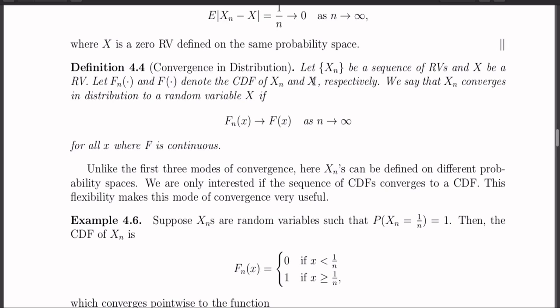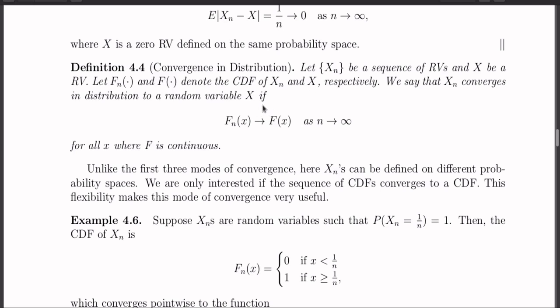It does not matter, because I am talking about the convergence of the cumulative distribution function. That's why this restriction is not written here, and this makes the convergence more flexible, and that's why convergence in distribution is used in many places.